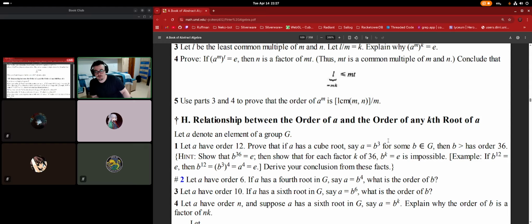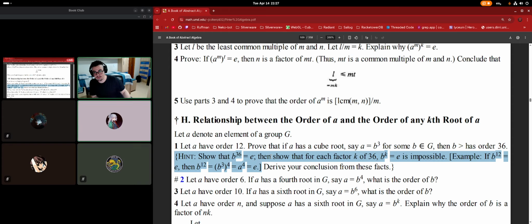No, no, but you're going from the assumption that it is 30. I'm not going with that. I'm asking the question: if the order of a is 12 and a equals b to the power of 5, what is the order of b? My understanding is that it must be 60 because of this proof.